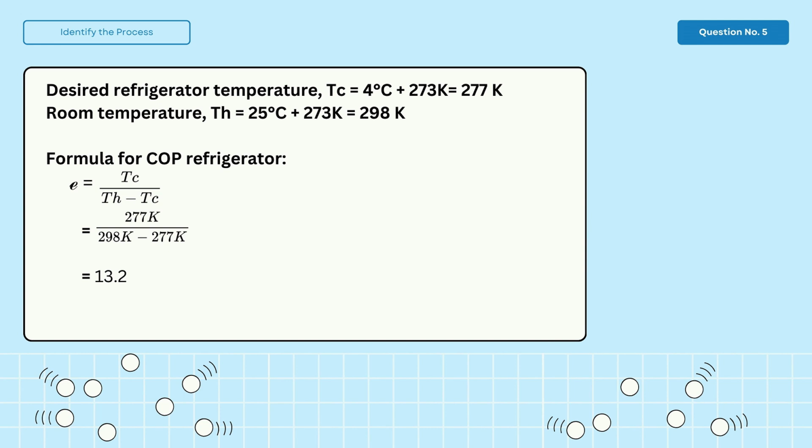Then we need to convert from Celsius to Kelvin. So what formula do we need to use? We need to use the formula for COP of a refrigerator, which is E equal to TC over TH minus TC. Then we substitute the values from the information given into the formula. After doing all the calculation, we will get the final answer.